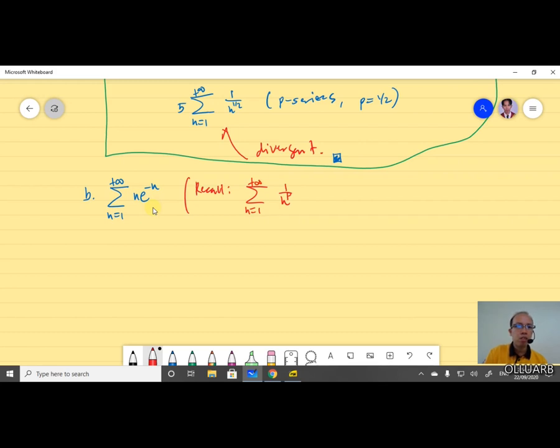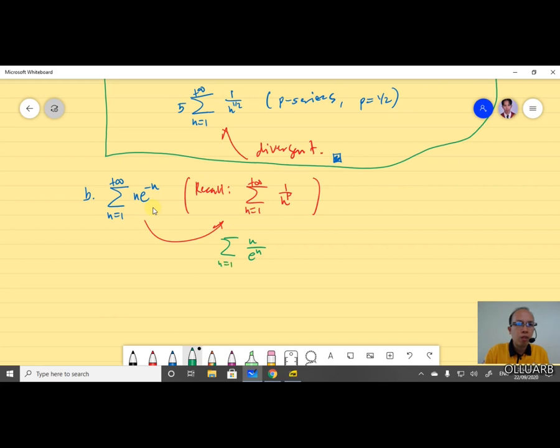And if you force the use of the p series, notice that this is equal to n over e to the n.